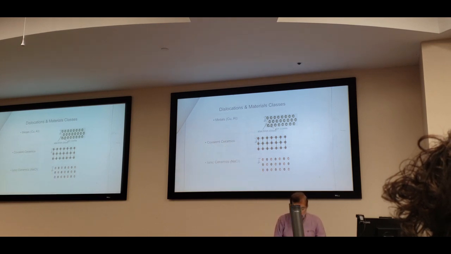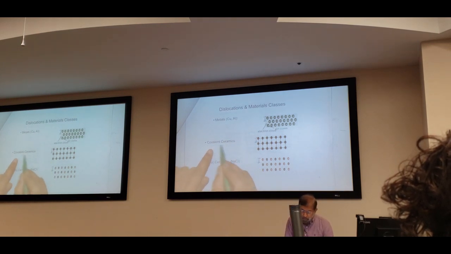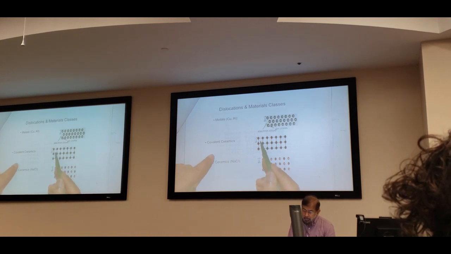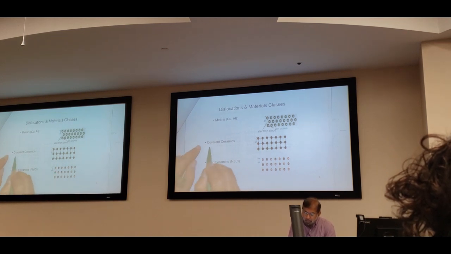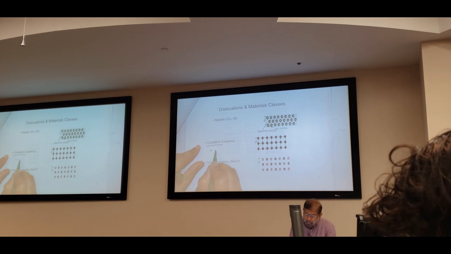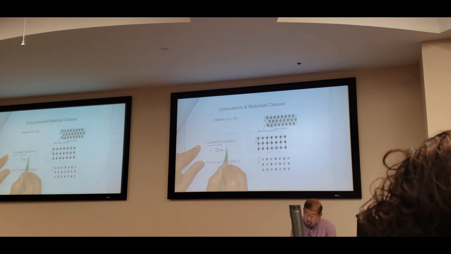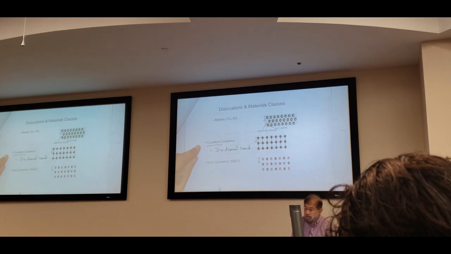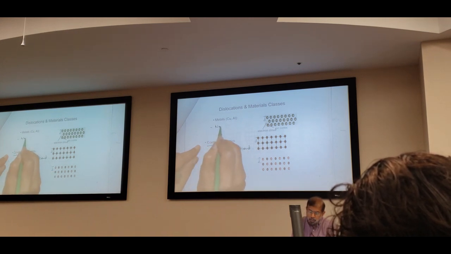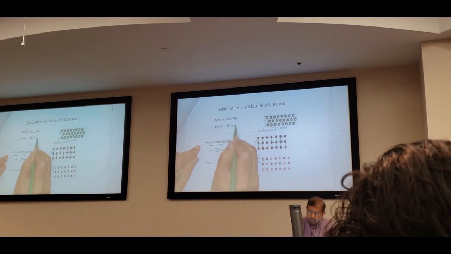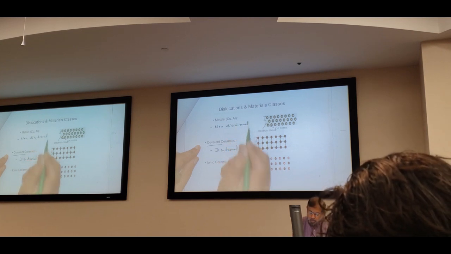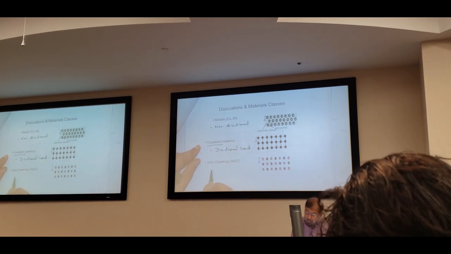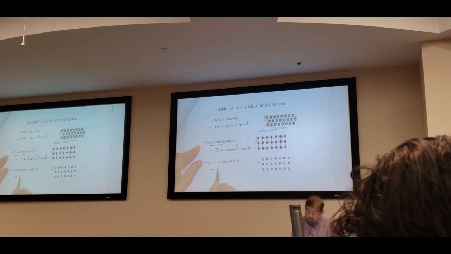So that is the covalent bonds in ceramics. Ceramic material can also have this one. And in this case, what is the characteristic of a covalent bond? It is a directional bond, right? This is non-directional, and in ionic ceramics, it is non-directional.